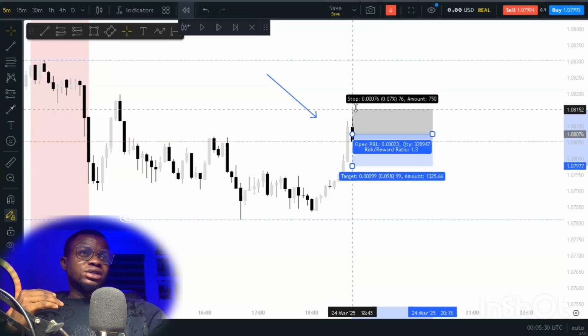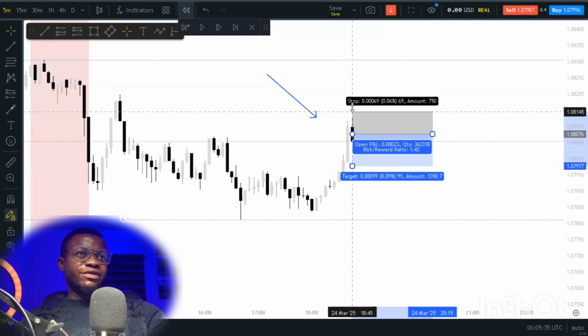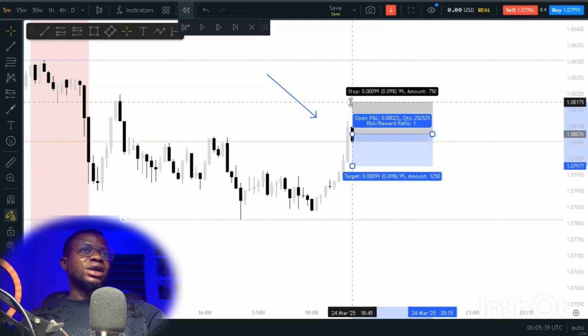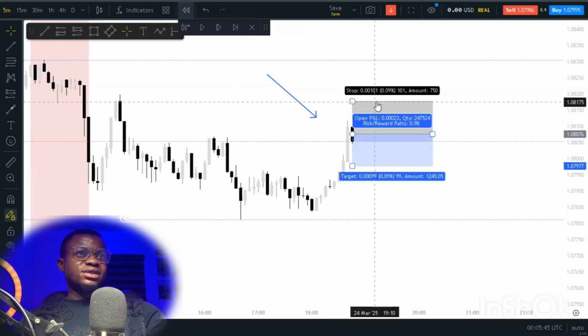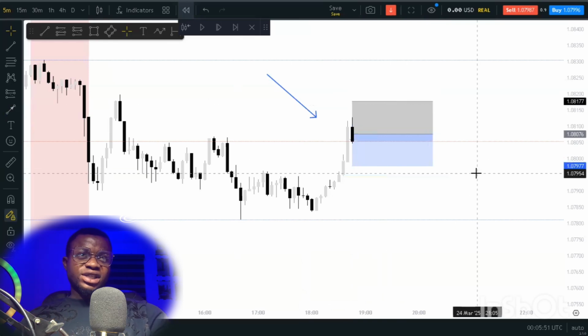It might be challenging sometimes, so you have to be very careful. Slow, don't be too fast. Our stop loss now is 1.08177 instead of 1.08077.